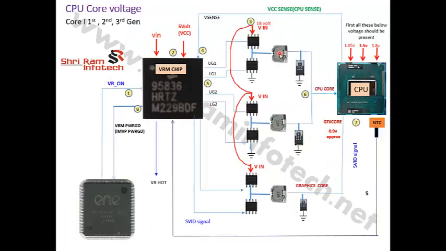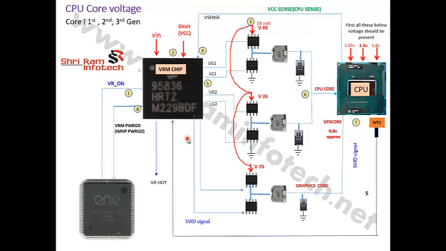Now we'll see how the CPU core voltage is generated. This is the core section VRM. It's called the VRM section, voltage regulator module, for the first generation, second generation, or third generation processor. Now this is my CPU, and this entire section is called the VRM section.